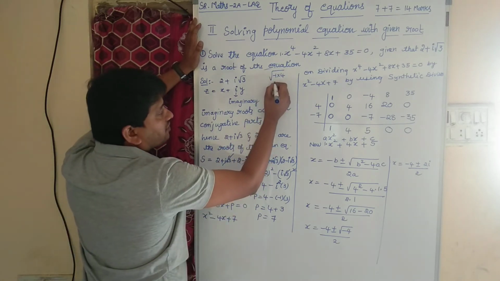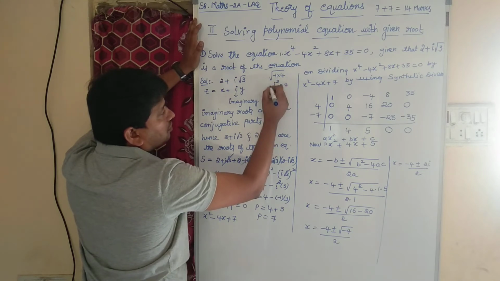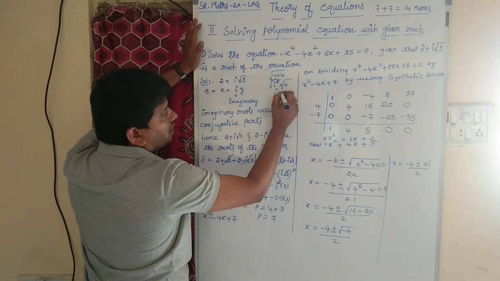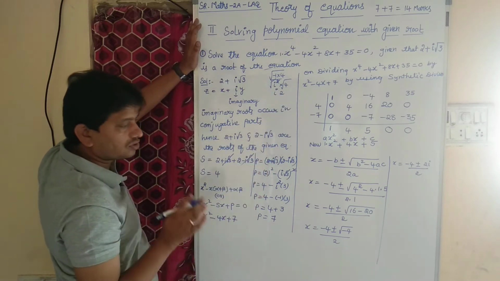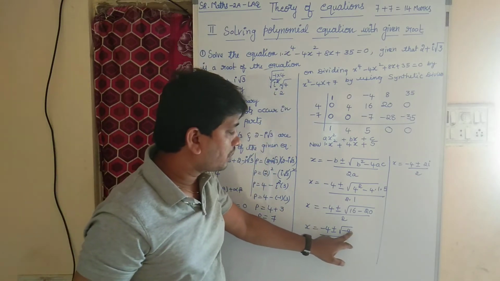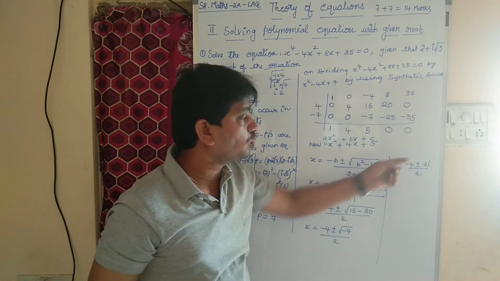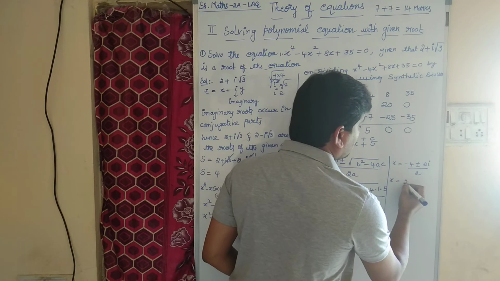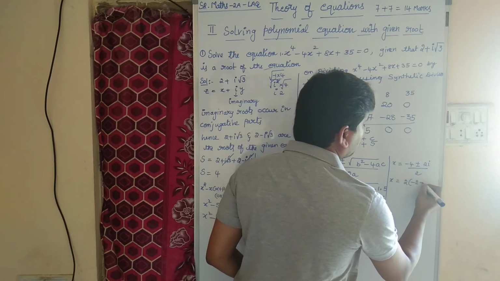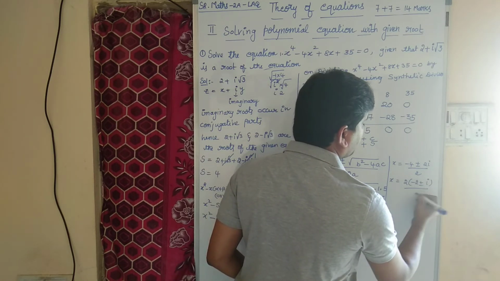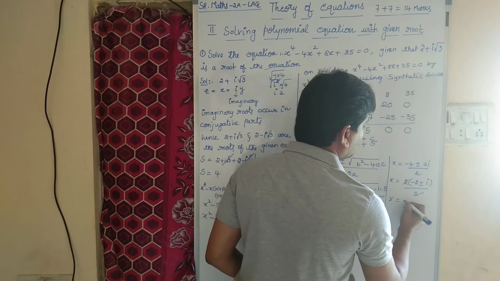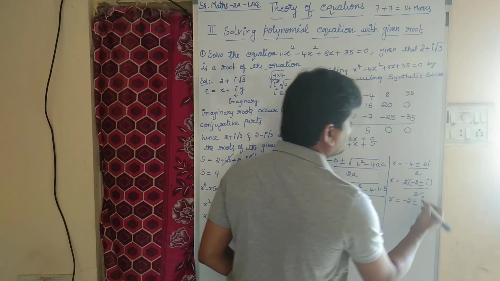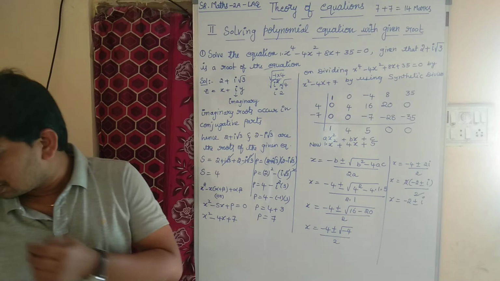We know that i square value is minus 1, into 4, right? Root square cancel i, we know that square root of 4 is 2. So children, root over minus 4 is nothing but 2i. So from the numerator I can take 2 as common. If I take 2 common, 2 into minus 2 plus or minus i by 2. 2 gets cancelled. So x is equal to minus 2 plus or minus i, right?